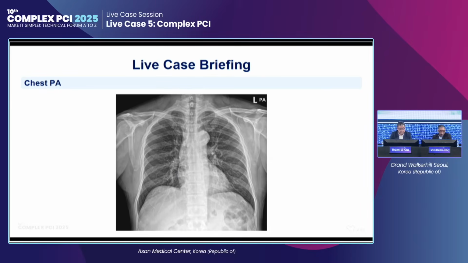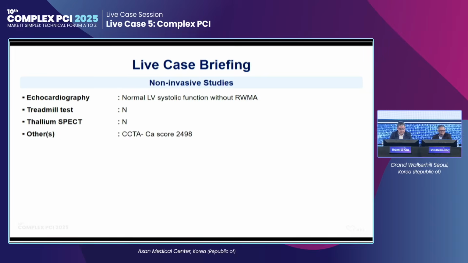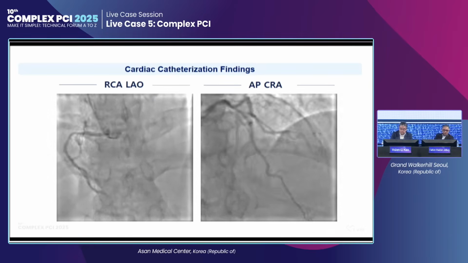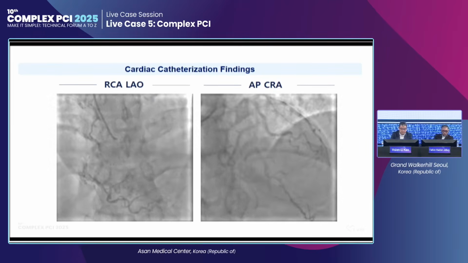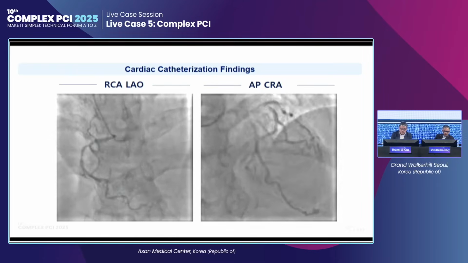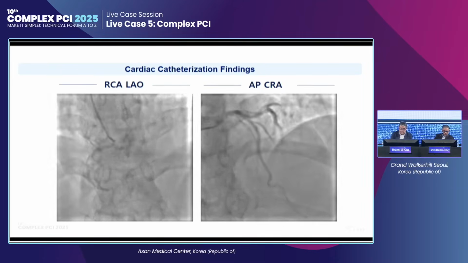Chest X-ray is unremarkable with normal cardiothoracic ratio and no signs of pulmonary congestion. His echocardiography showed normal systolic function with no regional motion abnormalities. His CTCA showed a calcium score above 2000. His baseline coronary angiogram shows non-dominant RCA. On the left system, the mid and distal portion of the LAD is normal.